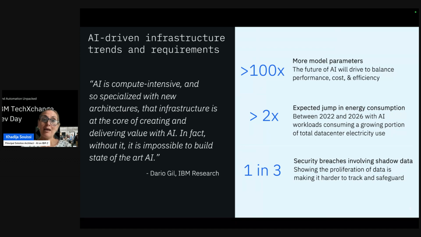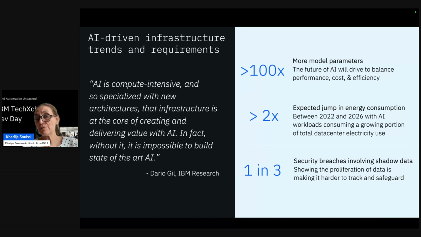We always refer to data as the new fuel, and to me, the infrastructure is the kind of engine that helps you drive your AI journey. I'm relating to a statement made by Dario Gil, our ex-GM of IBM Research, where he's articulating the importance of the infrastructure for AI.